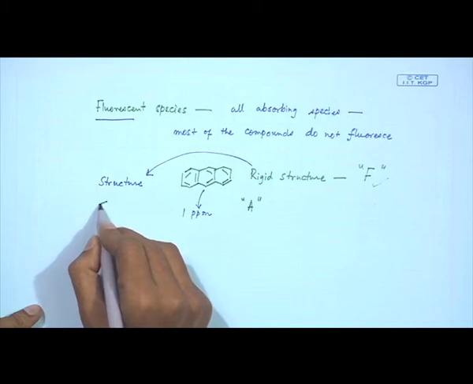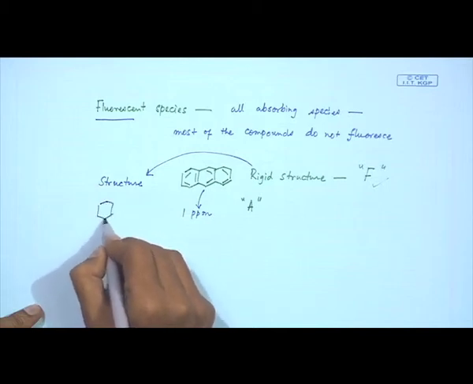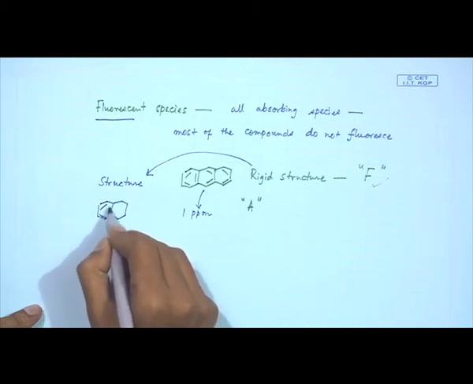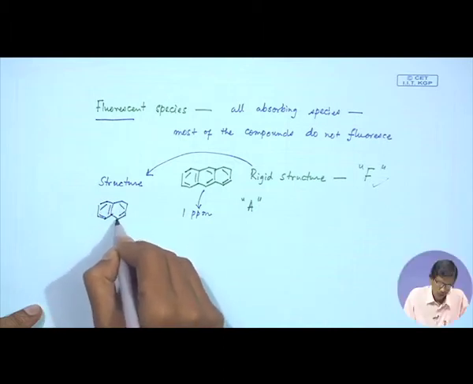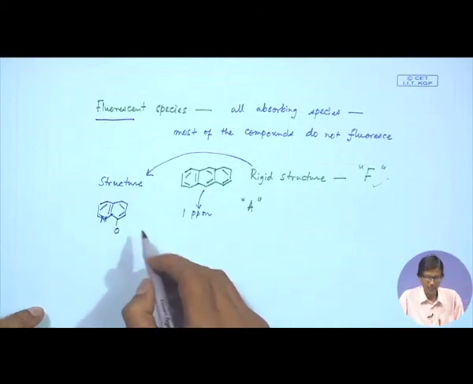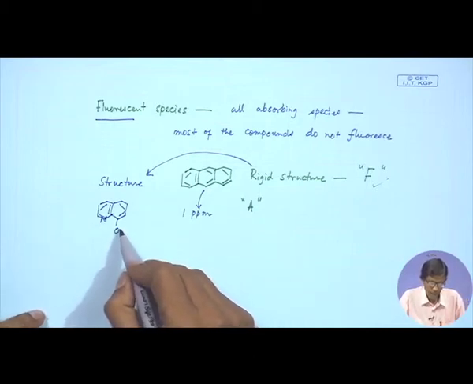If we take some other example of a reagent or analyte or ligand, it is the oxine molecule, which is 8-hydroxyquinoline. When it is deprotonated, it is O minus.